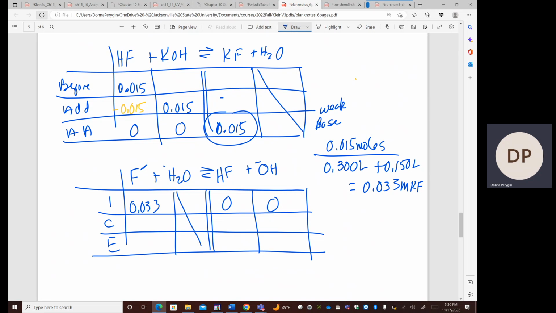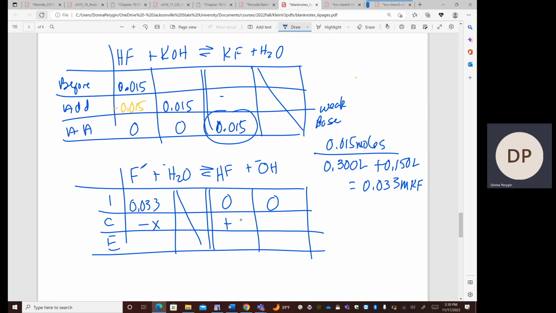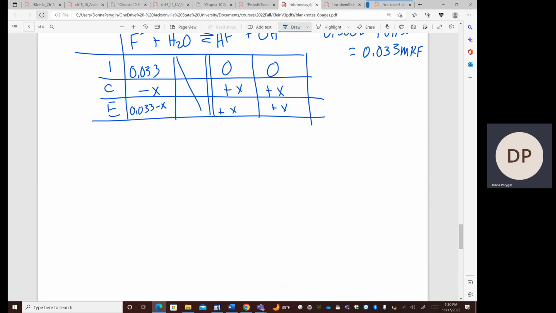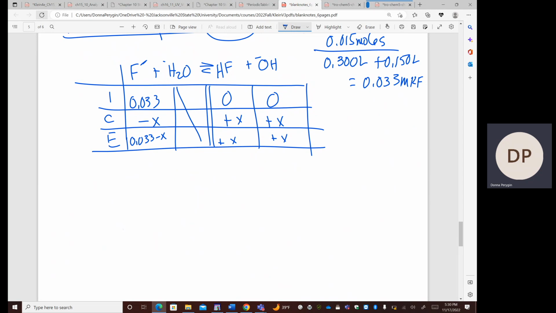Okay, so we got 0.033 molar fluoride when we're starting. We're losing X of that, gaining X of that, gaining X of that because we're making an equilibrium table. So we end up with 0.033 minus X, plus X, and plus X. All right, and so now we can set up our expression, but we need to do one thing first.